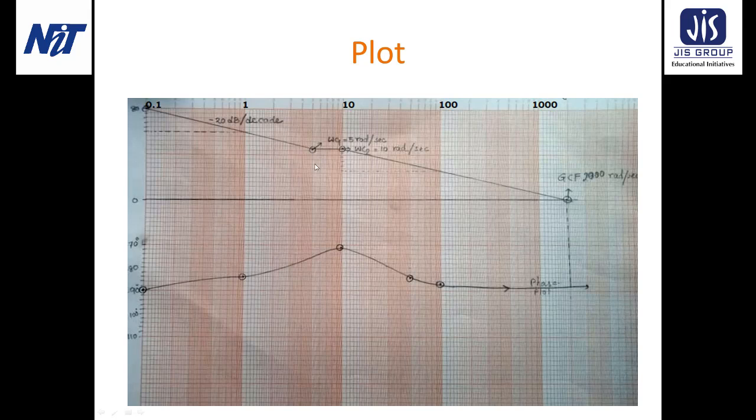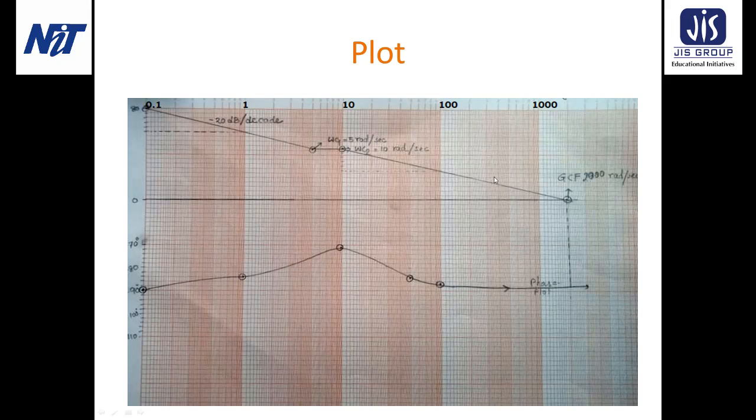And at this corner frequency, the slope has been changed into 0 dB per decade and it will continue up to the next corner frequency, 10 radian per second. And then again in the same way, I have drawn the minus 20 dB per decade, and it will go till infinite with the same slope.